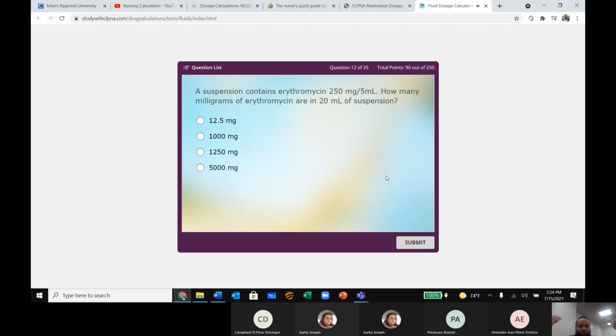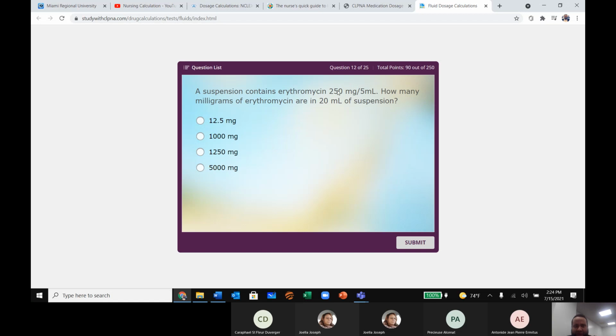Okay, next question. A suspension contains erythromycin 250 milligrams per 5 ml. How many milligrams of erythromycin are in 20 ml of suspension?